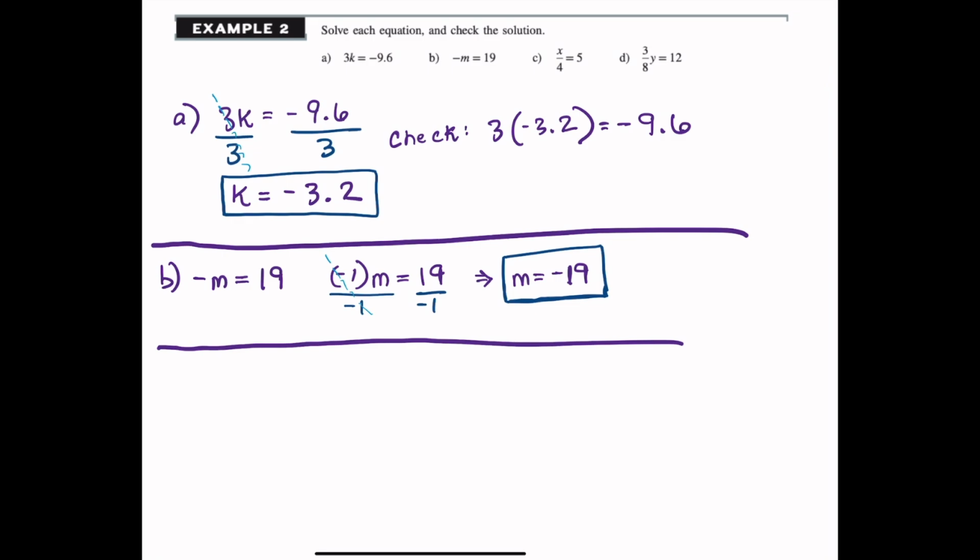All right, example C. We have x divided by 4 equals 5. This time we have a division happening to our variable. So we'll just do the opposite operation. If I want to move something that's being divided over to the other side, I'll want to multiply.